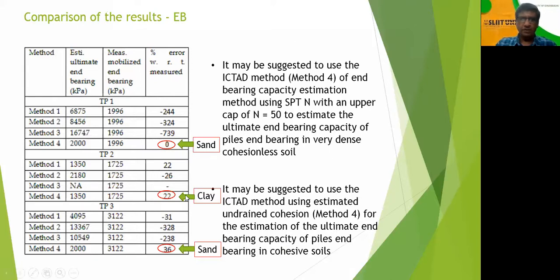So for both sand and clay, the ICTAD method actually gives the least error. Of course, this one is 31, but this is under predicting, because the prediction is actually less than the mobilized value.